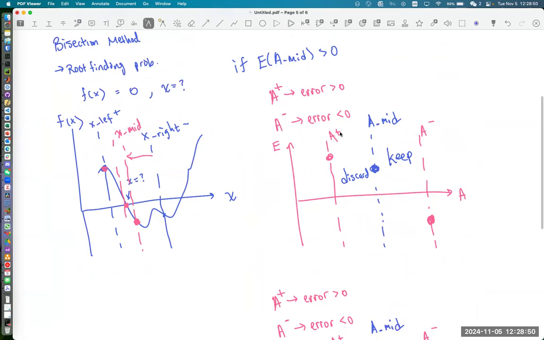So what I'll do is to assign the left boundary, so A plus, as A middle. This will be an assignment.